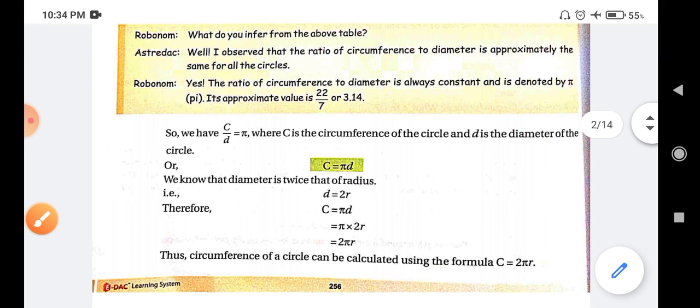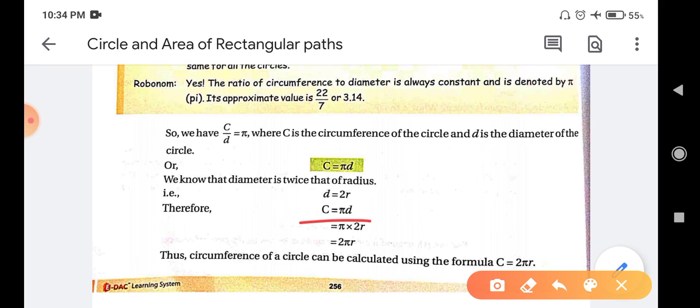So C is equal to pi D can be written as C is equal to pi into 2r, which becomes 2 pi r. So this becomes the formula to find the circumference of a circle.